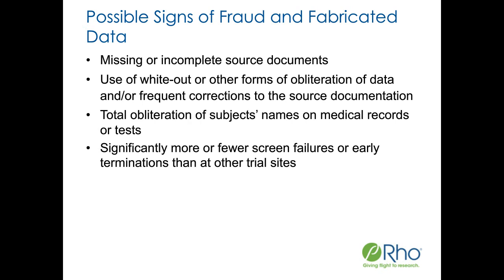Anytime you see total obliteration of a subject ID on a medical record or a test, that is certainly something to challenge. If you see significantly more or fewer screen failures or early terminations at a site than other sites, again, look into what might be going on at that site.